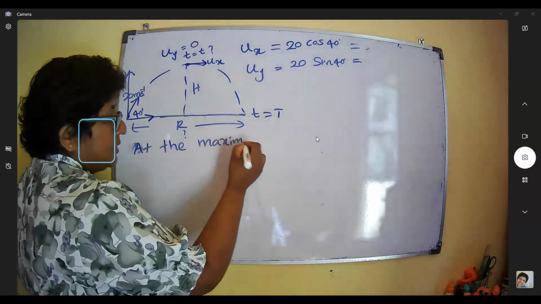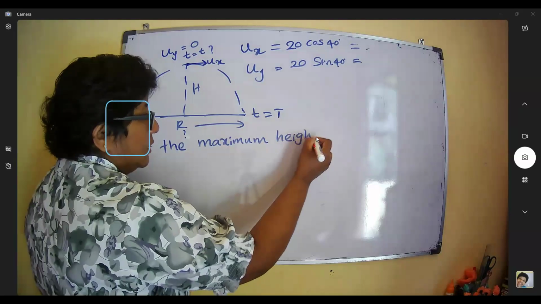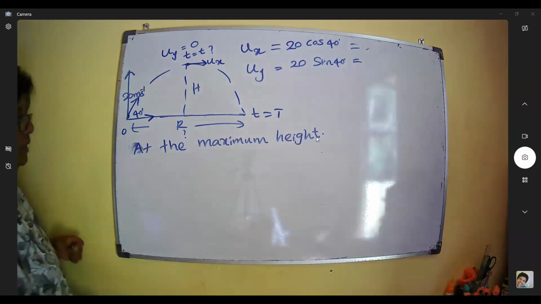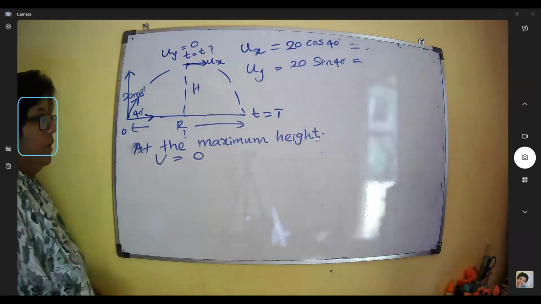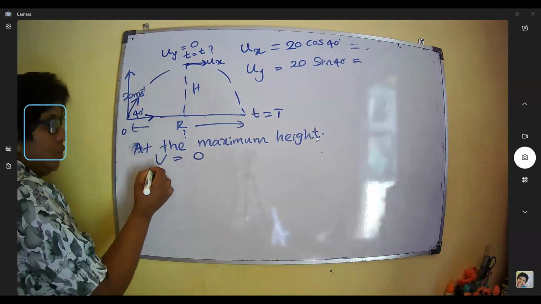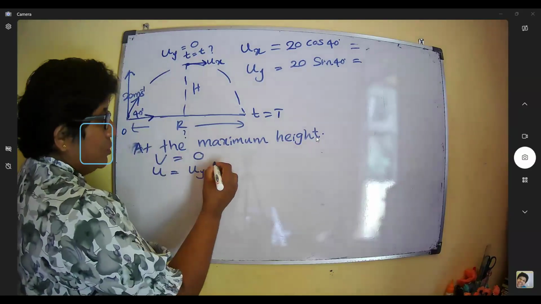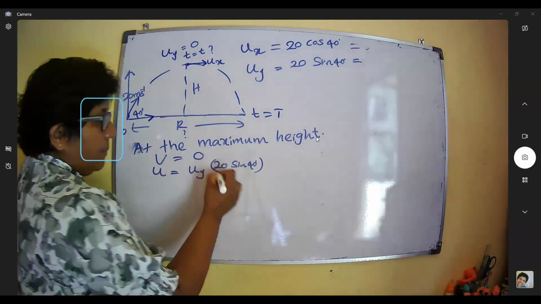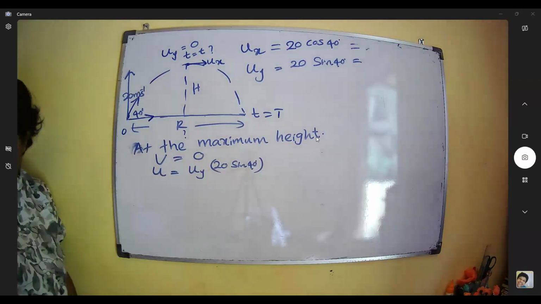At the maximum height, we know V is equal to 0, on the path from 0 to T, and U is equal to Uy, 20 sin 40. You can find the value, right?